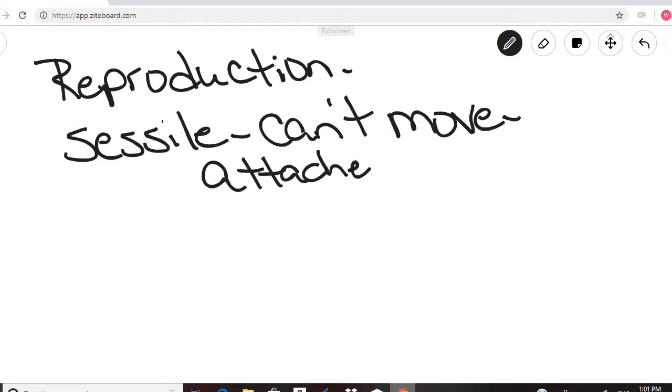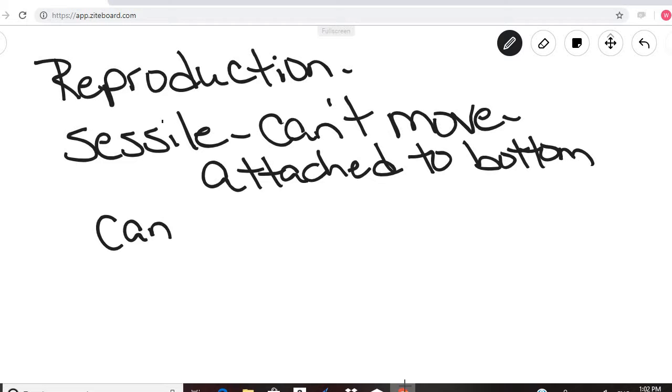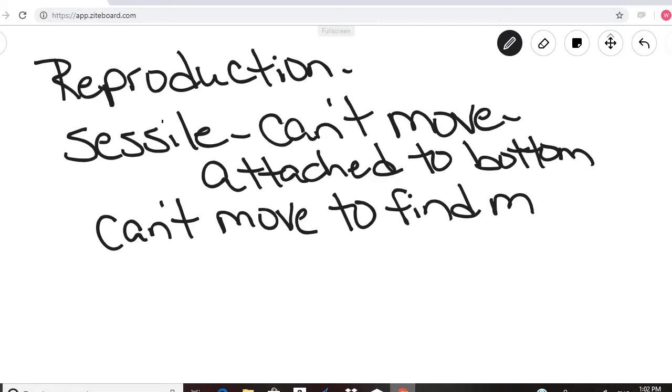So what does that mean? Well, if they can't move, then they can't move around to find a mate. So how do they deal with this?